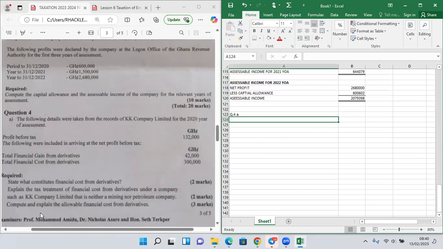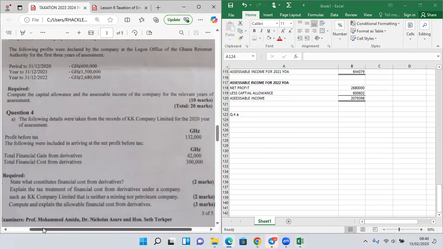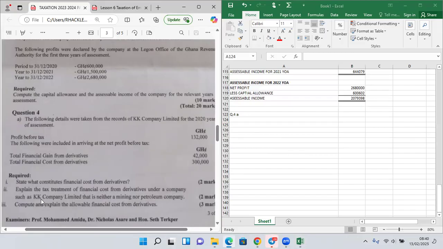Then II, explain the tax treatment of financial costs from derivatives under a company such as KK Limited. So the treatment of finance costs is that it should not exceed the finance gain by that person that has been included in the person's income plus 50% of the adjusted chargeable income for a year of assessment.